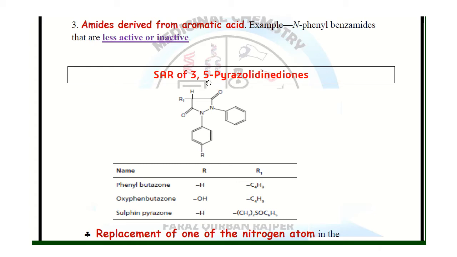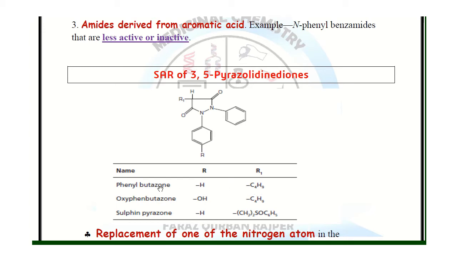The 3,5 represents the positions of the 2 ketone groups, that is the dione. This is 1, 2, 3, 4, 5. Beside this, both of the nitrogens are substituted with 2 aryl side chains, and R and R1 represent the different functional groups or substituents that are present in different drugs.